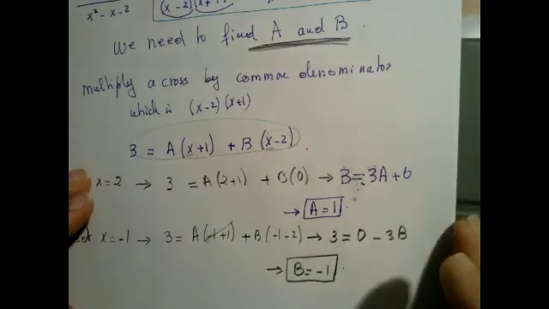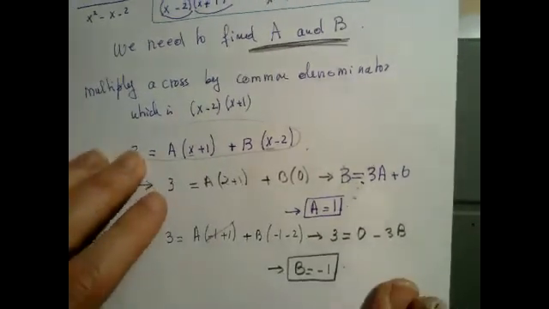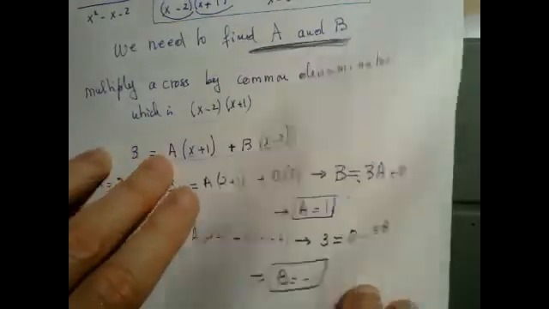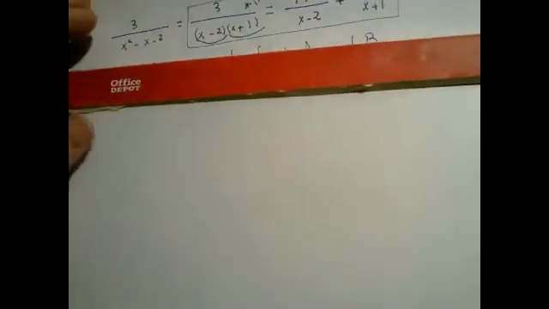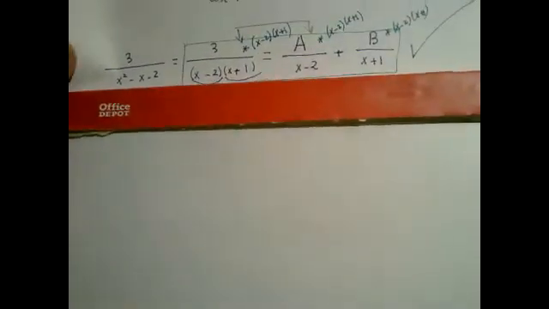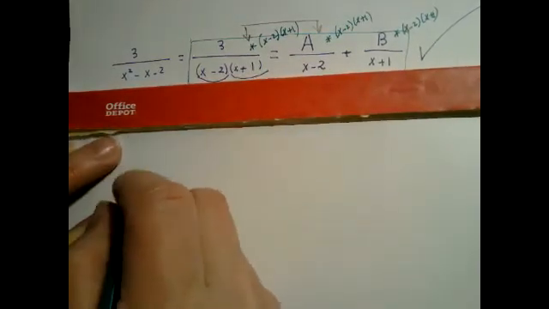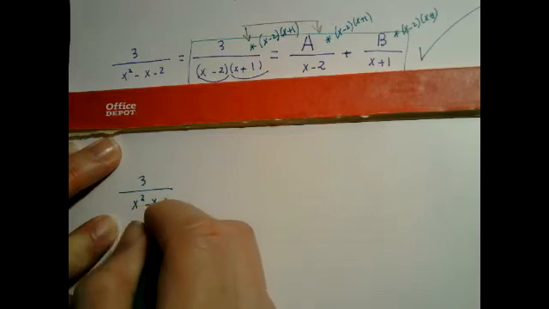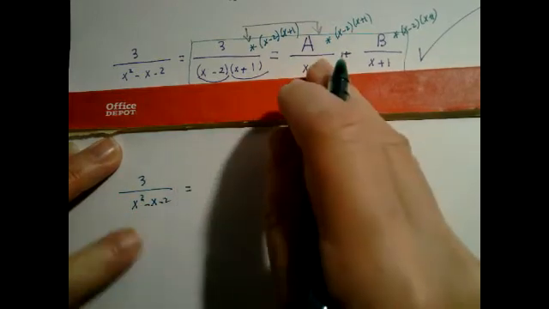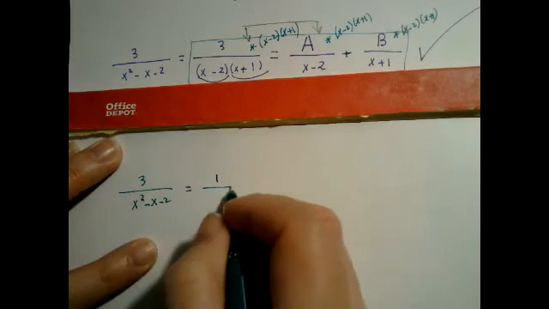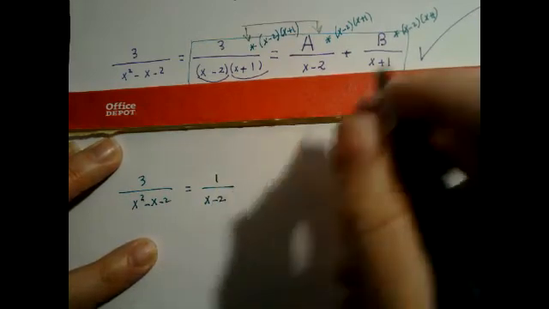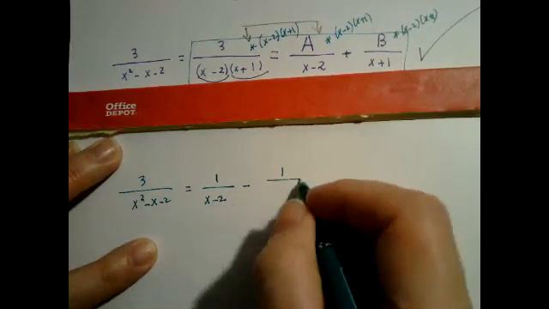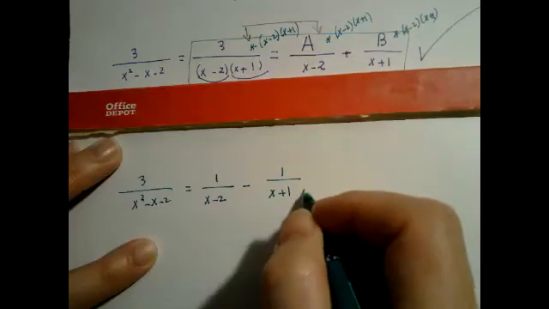So the math we did tells me the following: my expression, this one right here, 3 over x squared minus x minus 2, is equal to a, my a is 1 over x minus 2, plus b, my b is minus 1 over x plus 1.